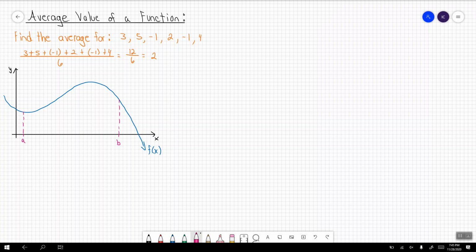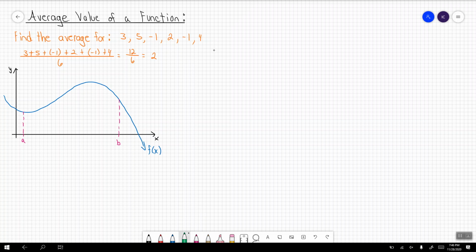In other words, the number that corresponds to the y value that your function outputs. So if x was some random number, then the function evaluated at that number would be 3, and that's what the first number tells us. A function evaluated at a different number would get us 5, and so on and so forth, to produce all these numbers. So the big question becomes, how do we get an average from that?